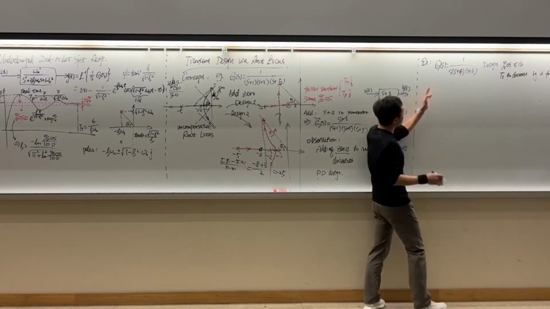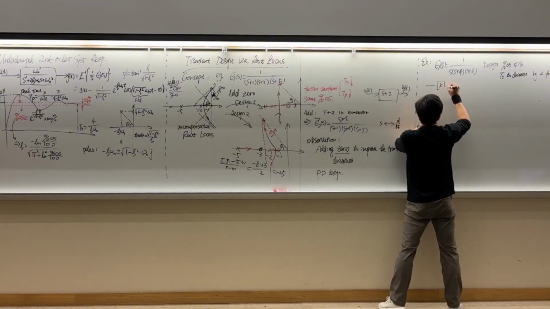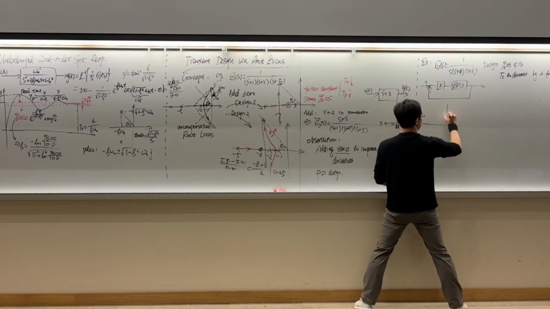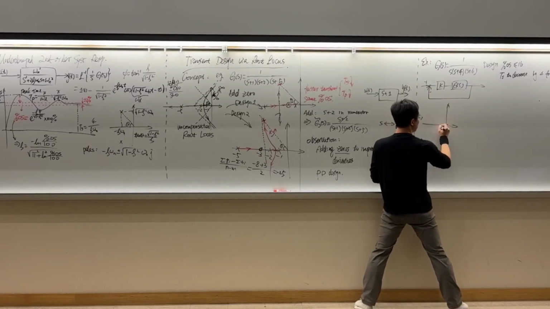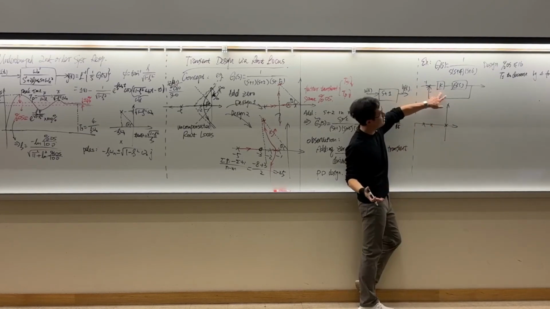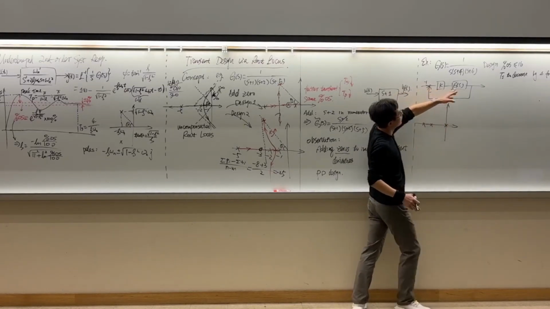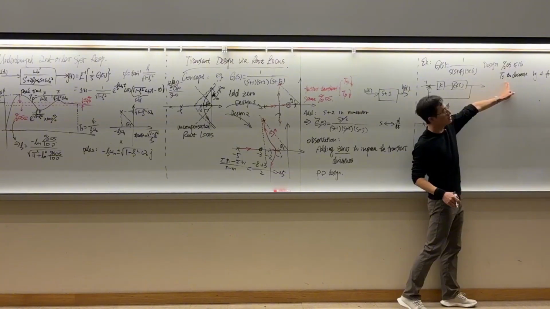So that's my design problem. Originally I have a simple design, and I can have my root locus. Originally I can choose my gain, K, to have some stable system with some percentage overshoot and settling time.